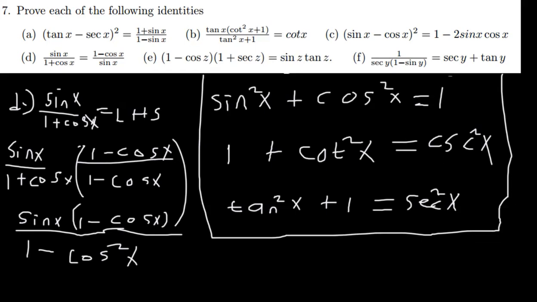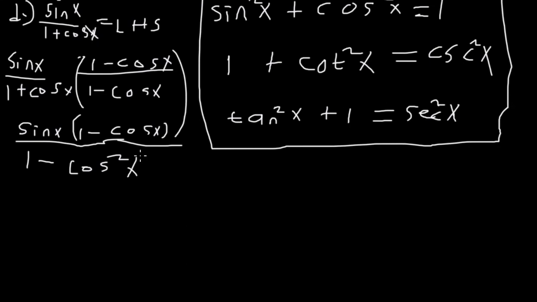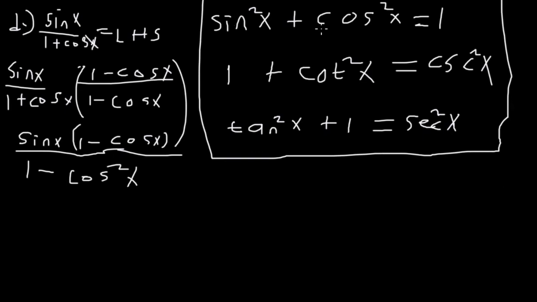So you move on like that. 1 minus cos squared x is just the same as this identity with sine as the subject: when cos crosses the equal sign, you remain with sine squared on this side.